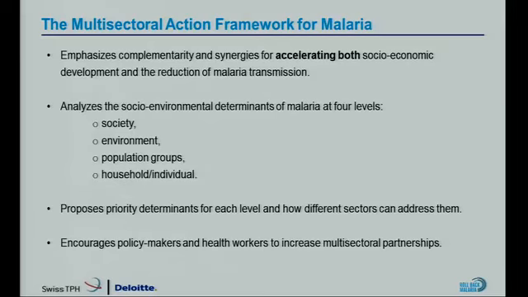It proposes priority determinants for each of the 4 levels described above, and how different sectors of society can address them. And finally, but not least, it encourages policymakers and health workers to increase multi-sectoral partnerships.